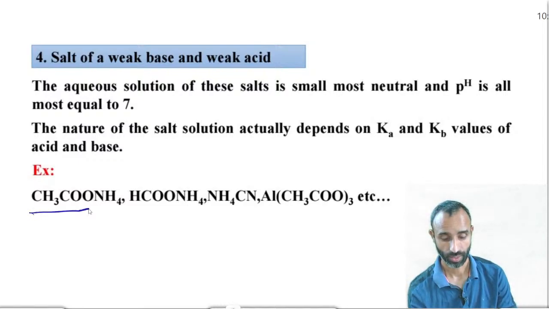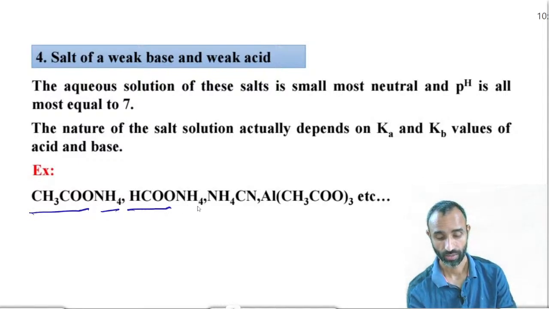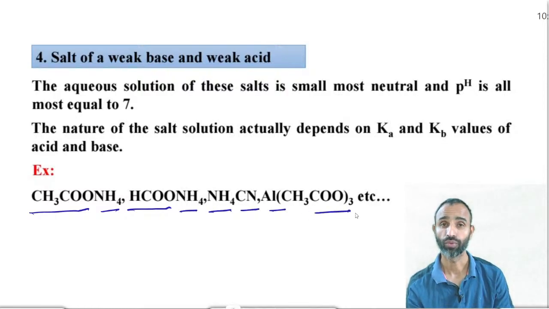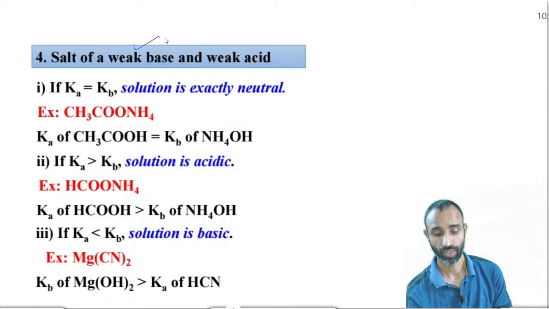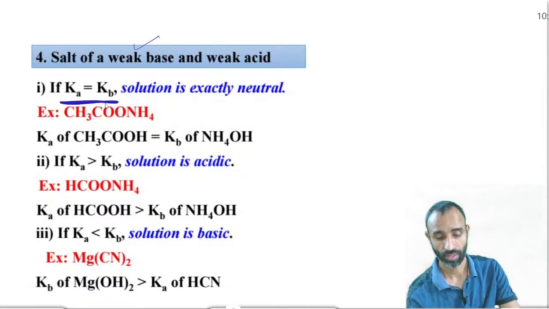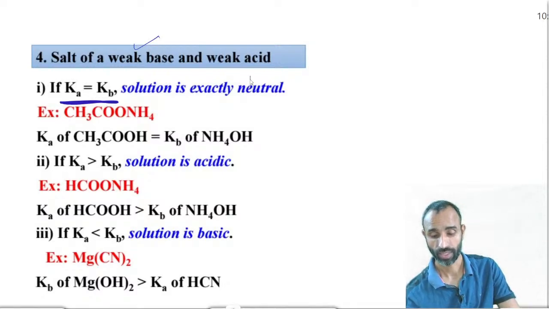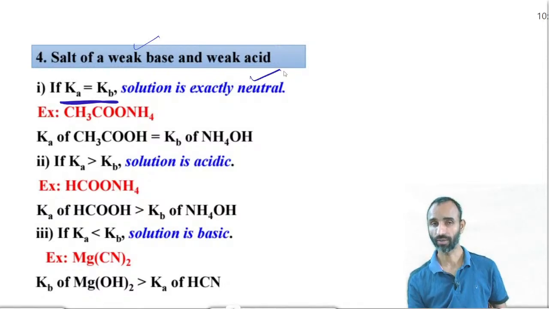Then salt where both are weak. So see, acetic acid, ammonium hydroxide, formic acid, ammonium hydroxide, all are weak acid and weak base. In the case of a salt of weak acid and weak base, if Ka and Kb are equal, then the solution is exactly neutral.